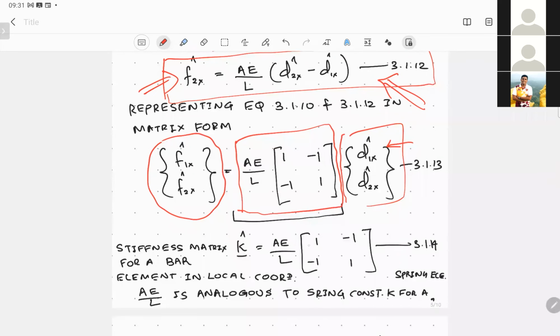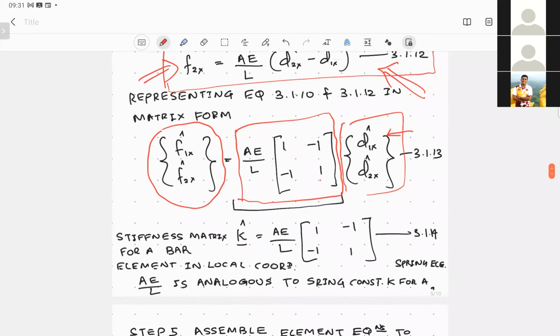In the spring, of course, you express this in terms of the spring constant, but here the spring constant is kind of like this term AE divided by L, isn't it? Other than that, it is basically the same thing.